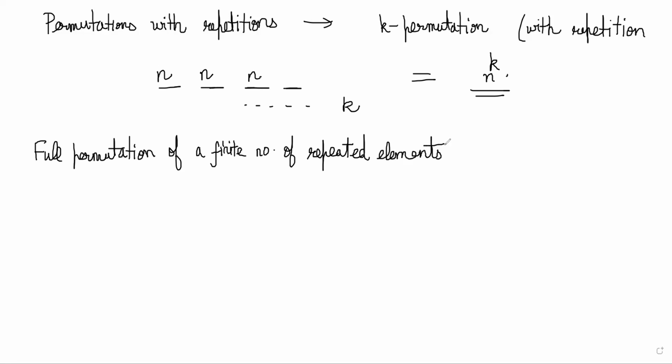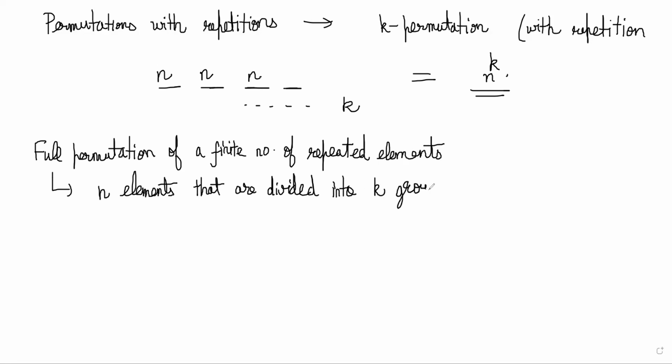So let's say we have n elements that are divided into k groups, and elements in the same group are identical.